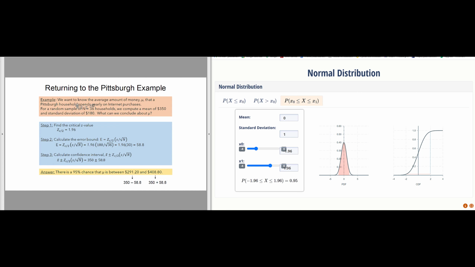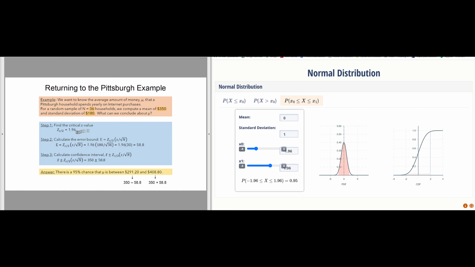So coming back to our specific question, we have a sample of 36 households. From that sample, we discover that these households are buying a mean of $350 of stuff from the internet with a standard deviation of 180.